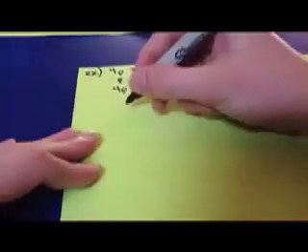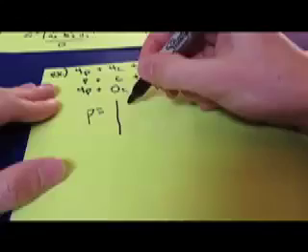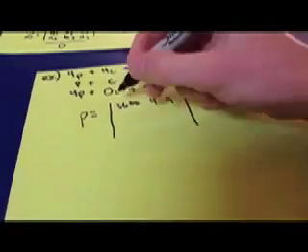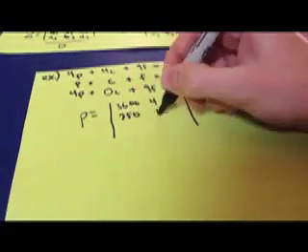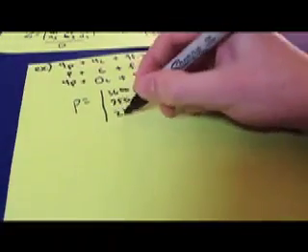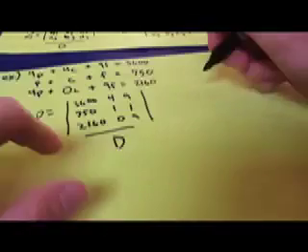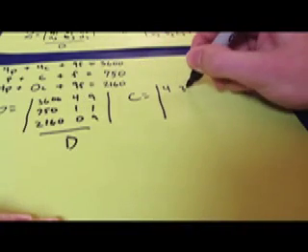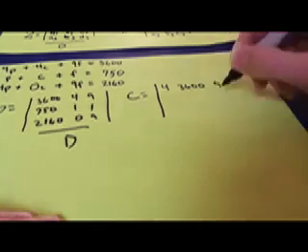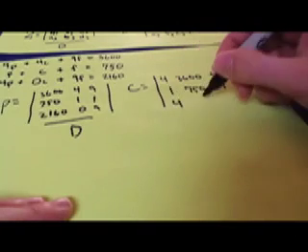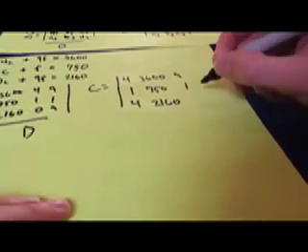So for this particular equation, you plug the values in for P, with 3600, 4, 9, and then 750, 1, 1, and 2160, 0, 9, all over D. To find C, 4, 3600, 9, 1, 750, 1, 4, 2160, and 9.